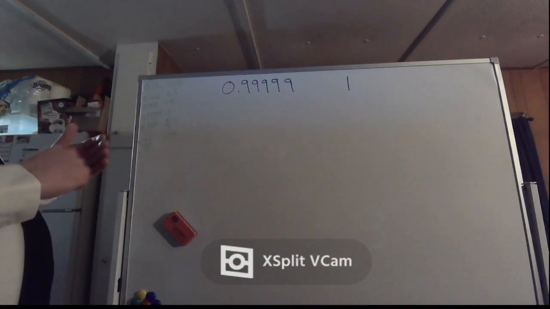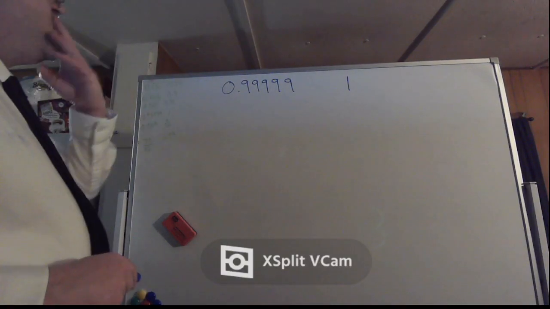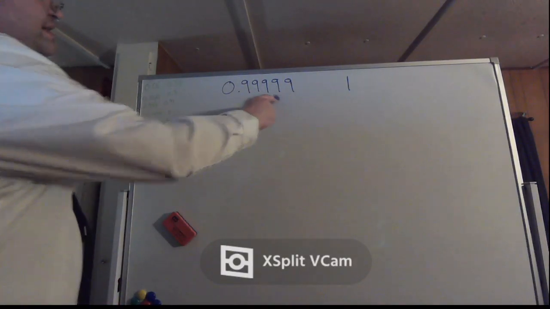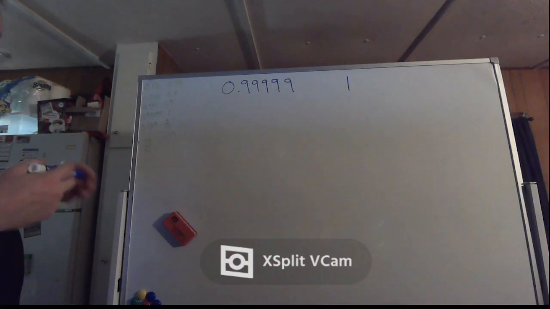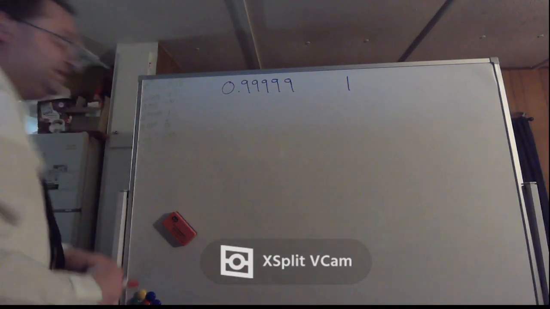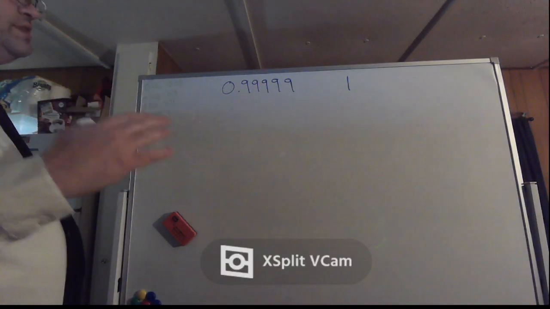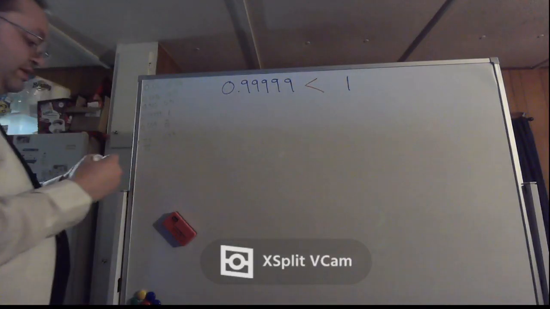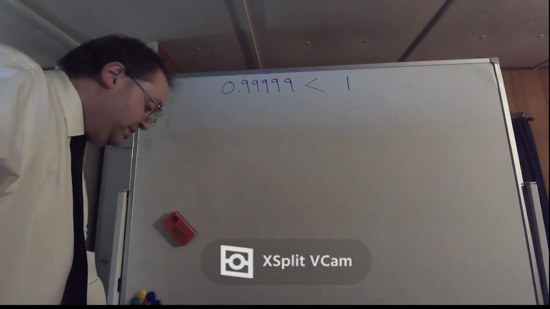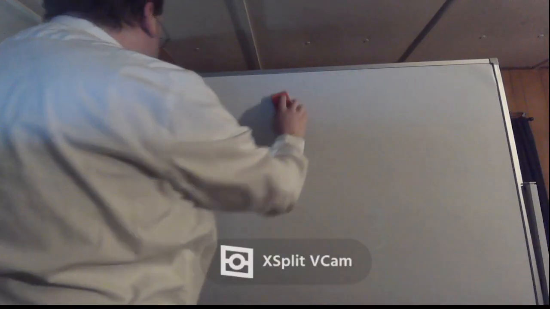Well, we don't need to do any decimal places with this one. We can see the whole number is 0. And no matter how many 9s we stick on there, it gets close to 1, but it never actually equals 1. So we can very clearly see that 99,999 100,000ths is less than 1. That's an easy one, because it gets infinitely close to 1, but it never actually equals 1.